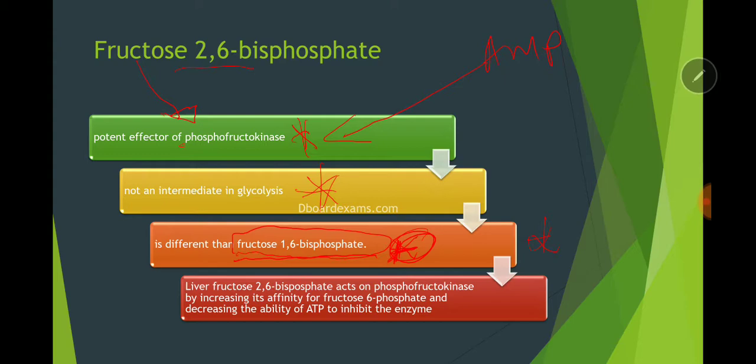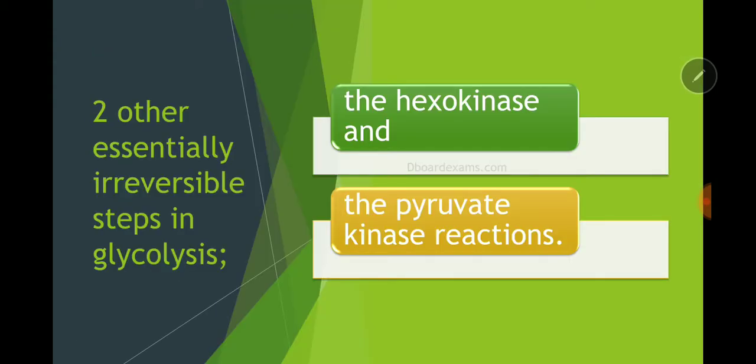And remember, in the last lecture we discussed that the two molecules that decrease the activity of phosphofructokinase are high ATP and high citrate. Okay, all right. Moving on. Last lecture we discussed phosphofructokinase.